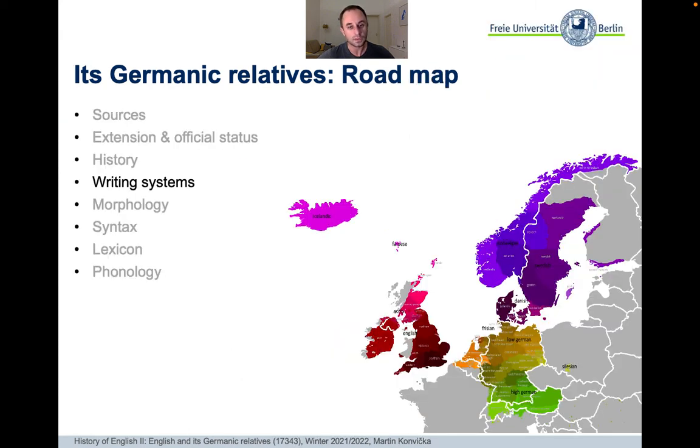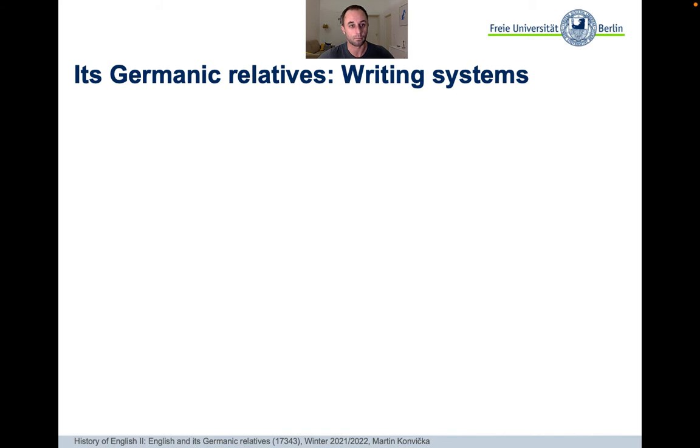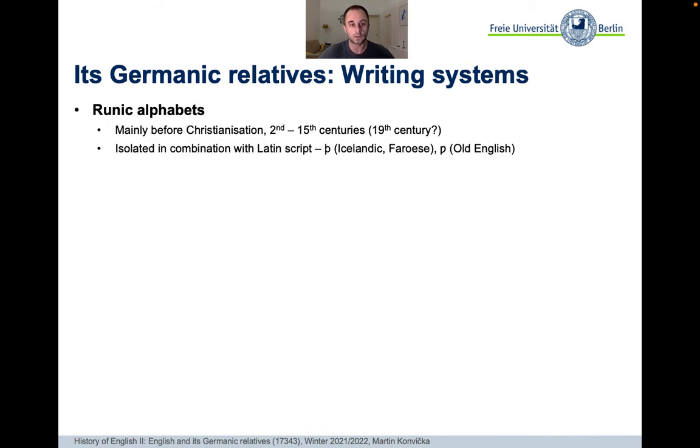Okay, so now let's have a look at writing systems. You probably know, and we've also discussed, that one of the first ways Germanic languages were written down was runes. The word alphabet is here in the plural because there was no one single standardized runic alphabet, but there were different runic alphabets which underwent several changes, and we know this from texts or inscriptions.